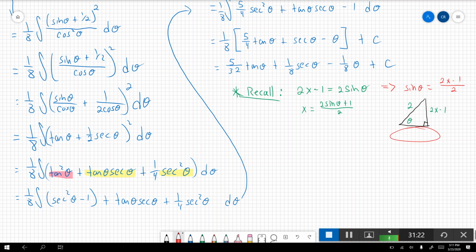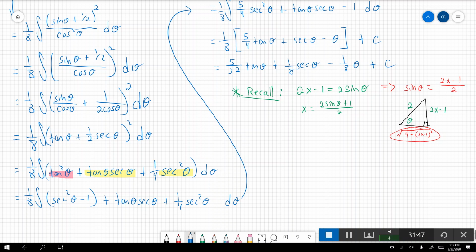Well, we can use a Pythagorean identity or the Pythagorean theorem. The Pythagorean theorem would then let us know that this missing side is the square root of 4 minus (2x minus 1) squared. Now, why did I want to do all of this? Well, I wanted to do all of this so that I can find that answer that I need.